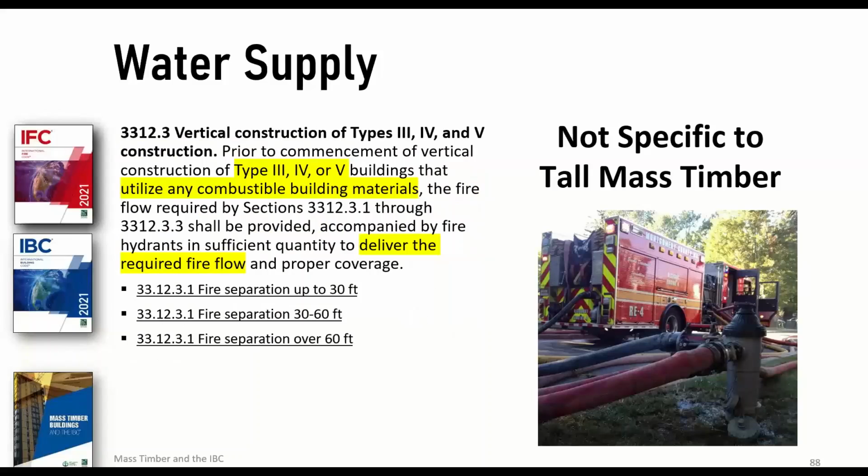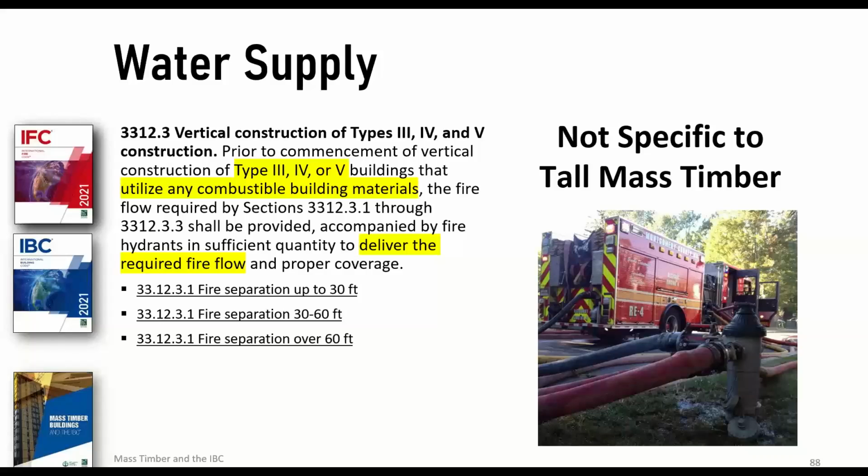They also considered separation from the property line when it comes to fire flow. They refine it a little bit. Once again, this is not specific to tall mass timber, but it applies to mass timber. It applies to type 3 and type 5 construction. And it is based on distance from the lot line and adjacent property, or a lot where you could otherwise build something.